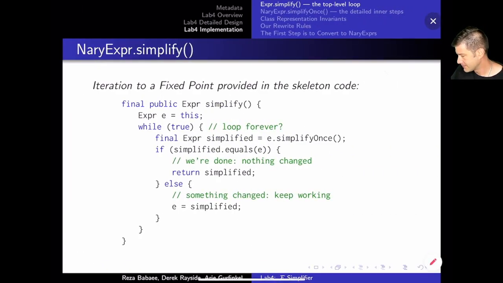All right. So we looked at this code before. This is what's going to be simplification until a fixed point. This is inside the n-ary expression simplify method.